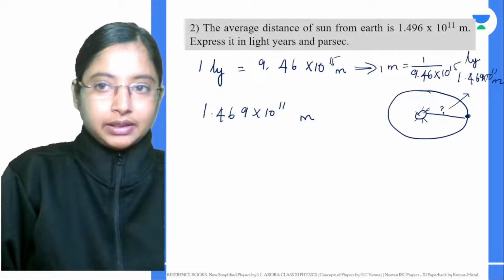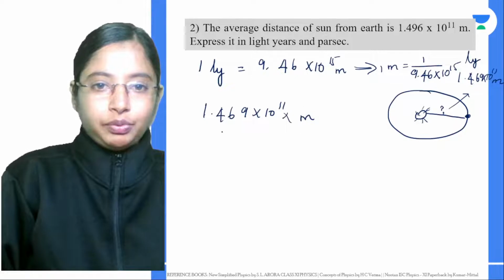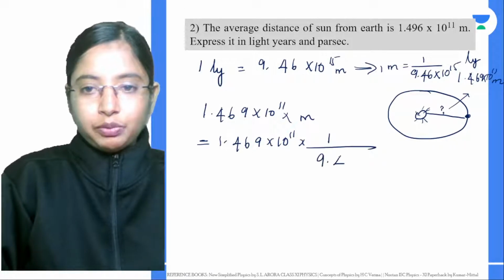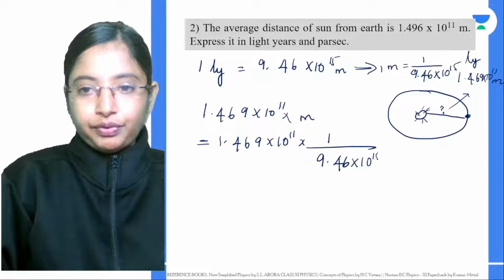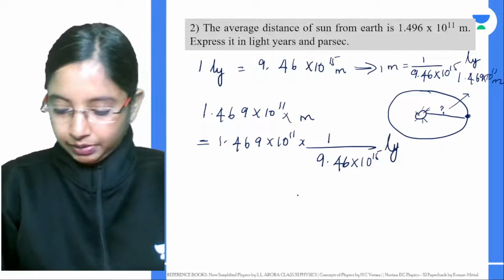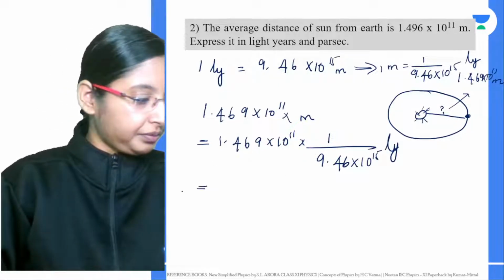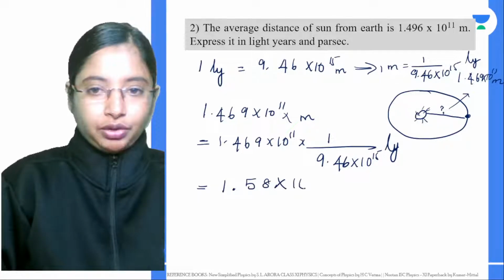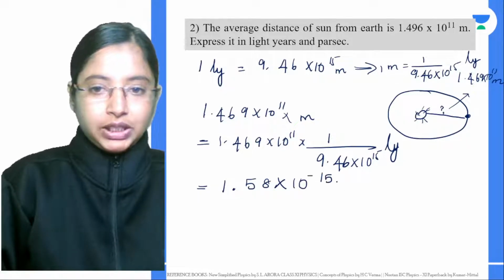Now I can substitute for meters. Then I'll have 1.469 into 10 to the power of 11 into 1 divided by 9.46 into 10 to the power of 15 light years. So anybody who has the answer for the same? This will be 1.58 into 10 to the power of minus 5 light years.